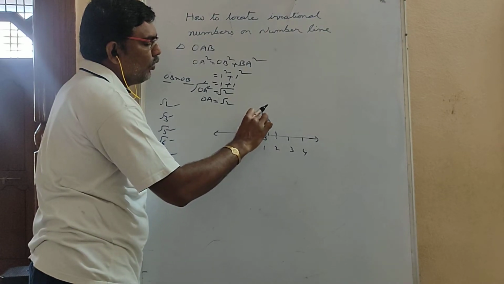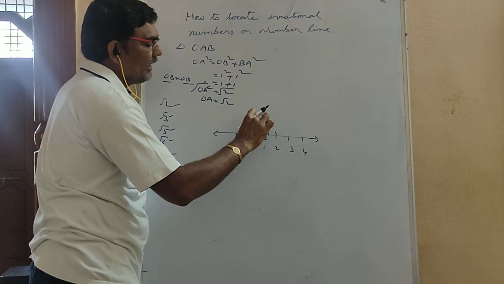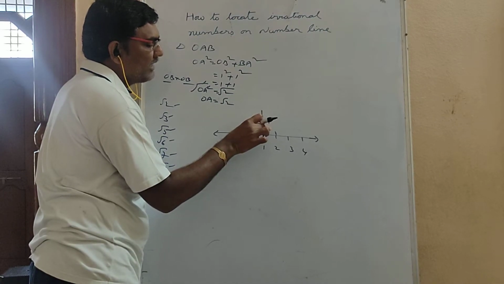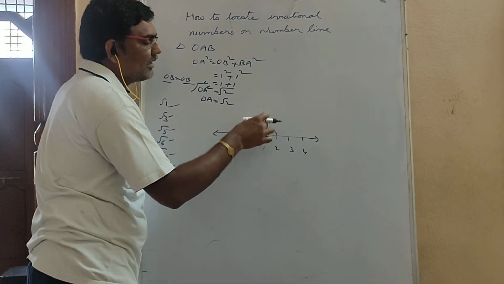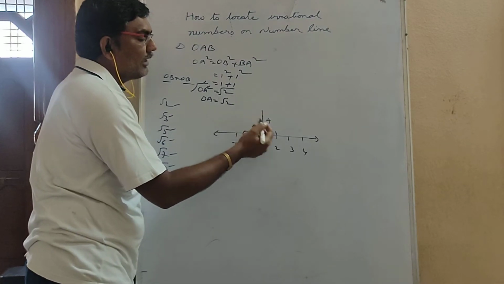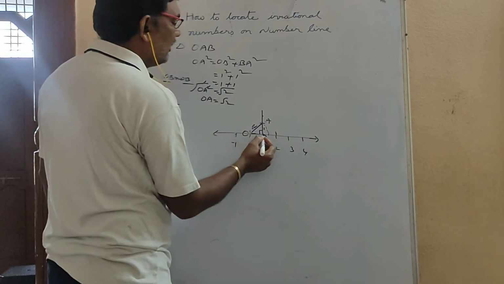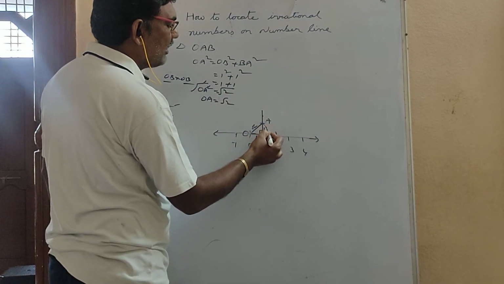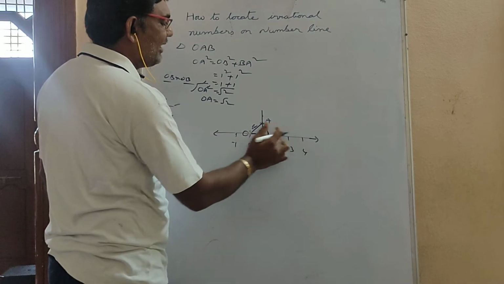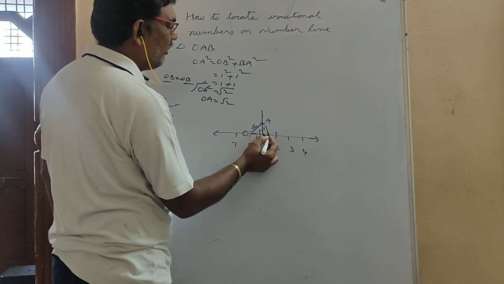O to A distance you have to take, and with the same distance, keeping O as center, draw a dotted arc. Then this dotted arc will meet the number line at one point or not.